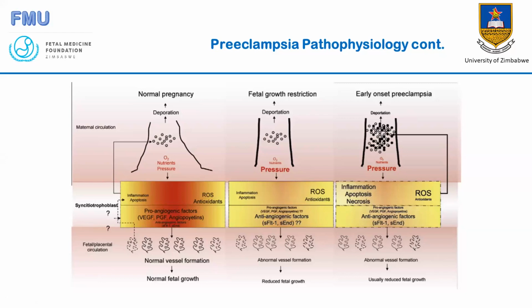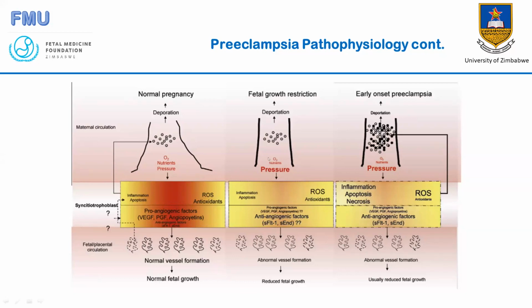You can see that the anti-angiogenic factors, sFlt and soluble endoglin, are decreased. This will result in normal vessel formation as well as normal fetal growth.